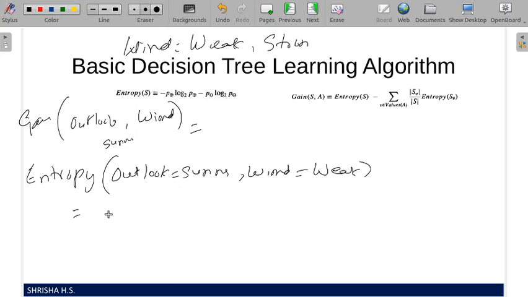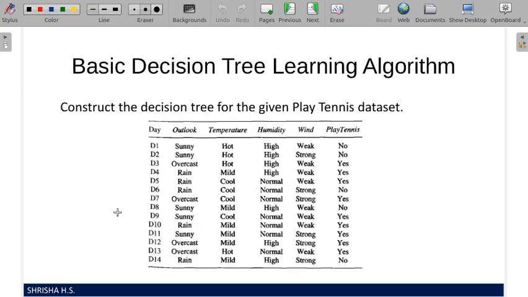So how do you do that? Where outlook is sunny and wind equal to weak, see this: outlook is sunny, wind weak; outlook is sunny, strong it is. So sunny, weak, sunny, weak.